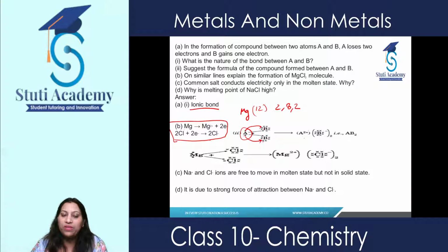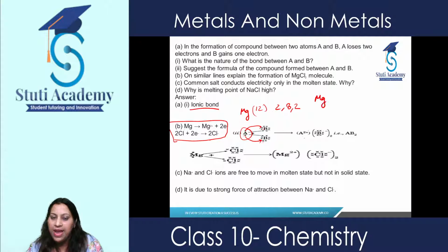So this is how we'll represent ionic bond formation. I'll write here Mg is 2, 8, 2 and Cl is 2, 8, 7, and one more Cl, 2, 8, 7.